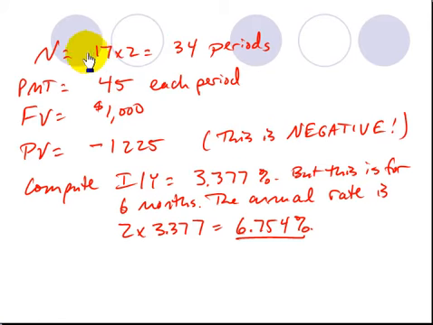What we have is N equal to 17 times 2, that's 34 periods. We have a payment of $45 each period, a future value of $1,000, and a present value of negative $1,225. And notice that the present value has to be opposite in sign from the payment and the future value, because of the convention that the BA II Plus has.